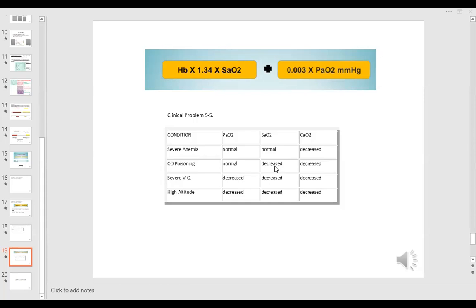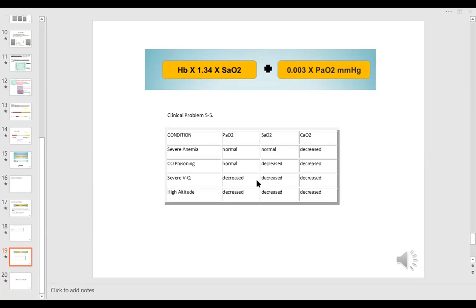So your SaO2 is going to be decreased because hemoglobin has a higher affinity for carbon monoxide than it does for oxygen. So you could have a normal PaO2, but of course a decreased SaO2. Now, SpO2 could be normal, and it is normal with carbon monoxide poisoning. And we're going to go through that again on this recording.